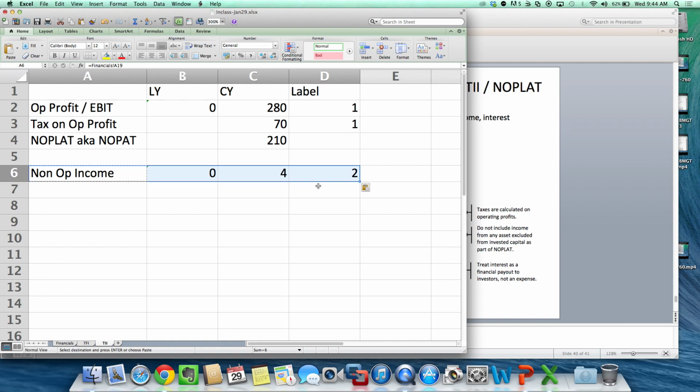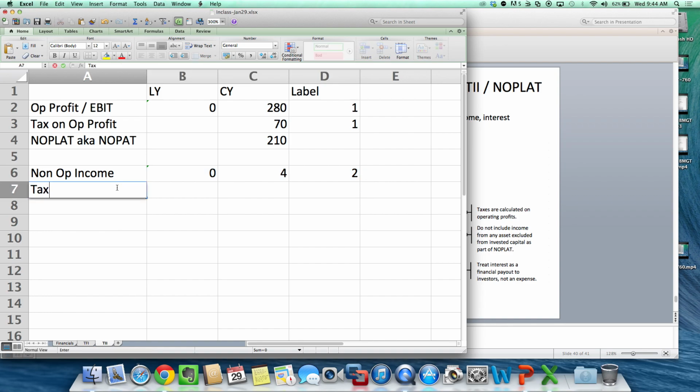So if I report $4 million of profit to the IRS at a 25% tax rate, I'm going to have to pay taxes on the non-operating profit, which equals 4 million times 0.25.